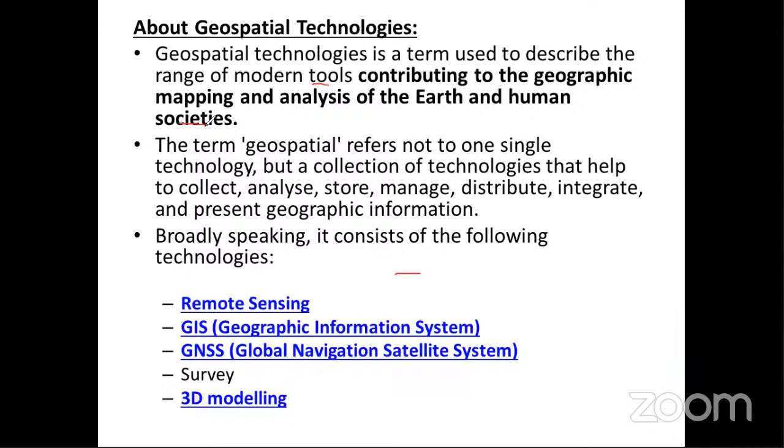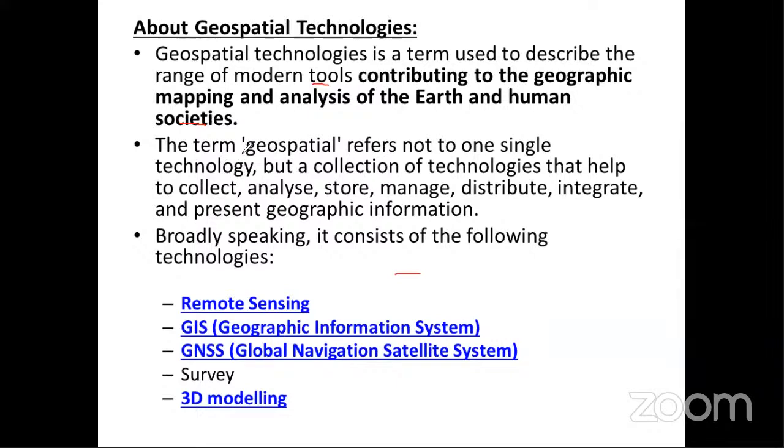With the help of these technologies, we can map the problems of the earth, whether related to the availability of resources. If you want to know where uranium is actually located, which part of India has mostly uranium, which part of India has more iron ore, in such a case mapping will be very helpful, and we can do better management or planning for extraction of these resources.